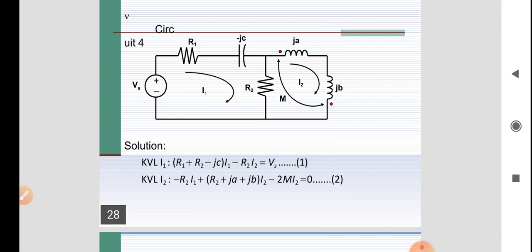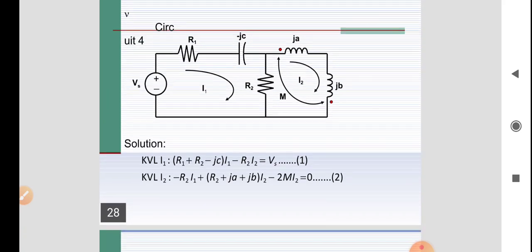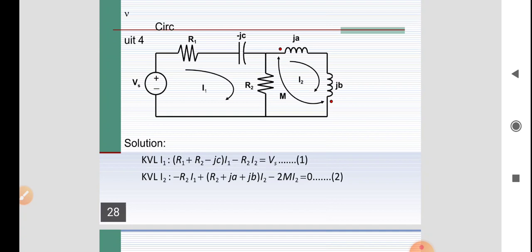Near JA, the current is flowing dot to coil. At JB, the current flowing is coil to dot. Both are in the opposite, so I need to write down minus M. And here the JA, the current which is flowing opposite towards JA is I2. So minus M into I2.